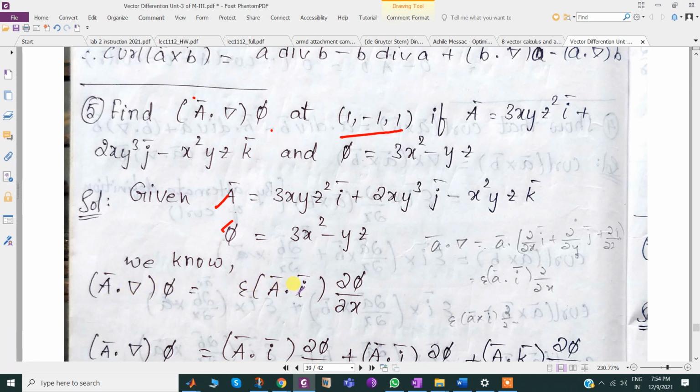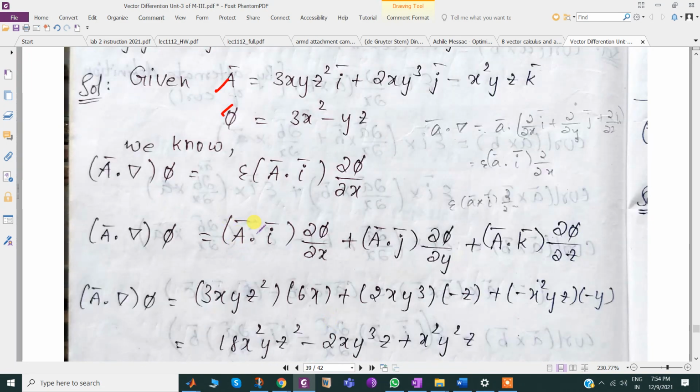So a bar dot i bar dou phi by dou x. Since it is a summation, I may extend this to 3: a bar dot i bar times dou phi by dou x plus a bar dot j bar dou phi by dou y plus a bar dot k bar dou phi by dou z.